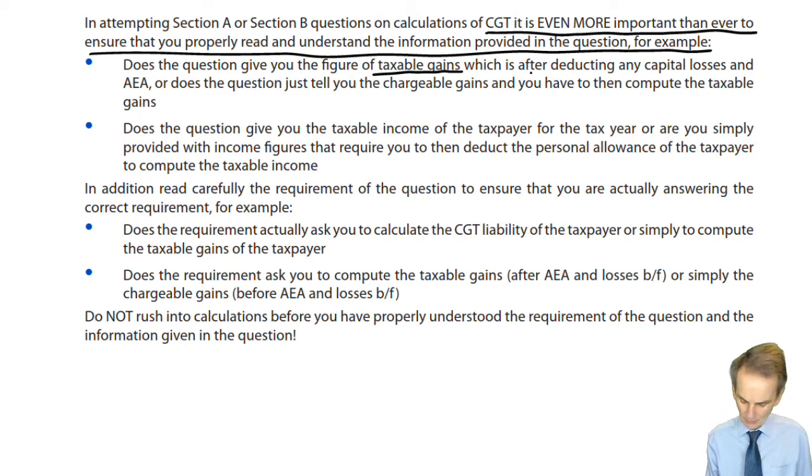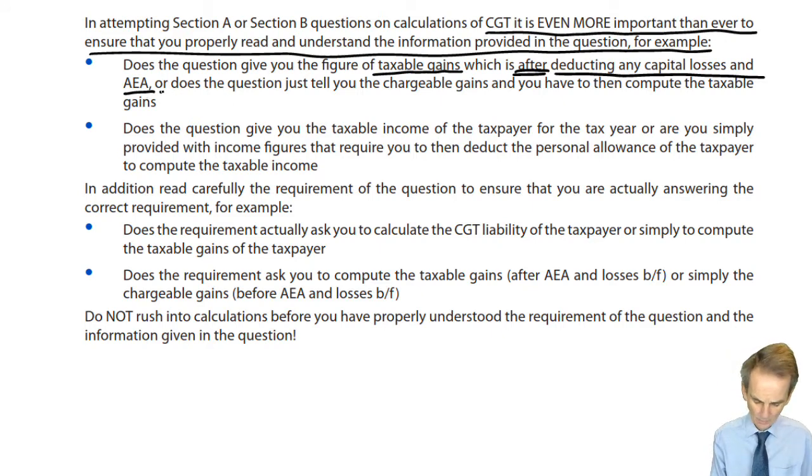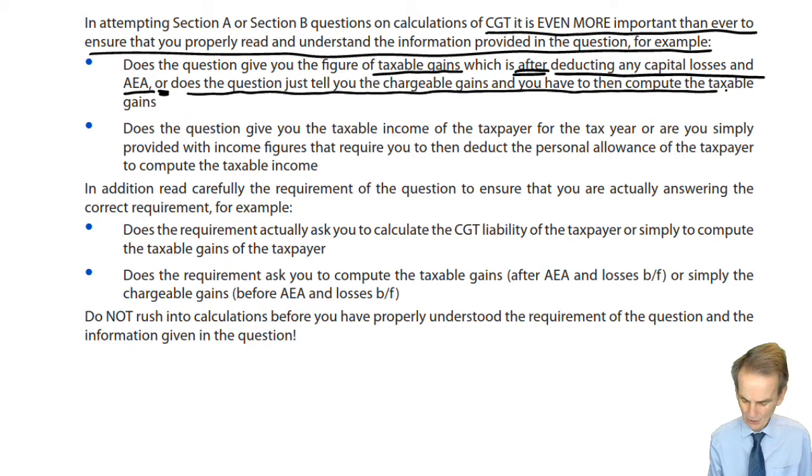Now, you know that taxable gains is after having deducted any capital losses and, of course, your AEA for the tax year. So, does the question give you the figure of taxable gains, or does the question tell you the chargeable gains and you then have to compute the taxable gains?